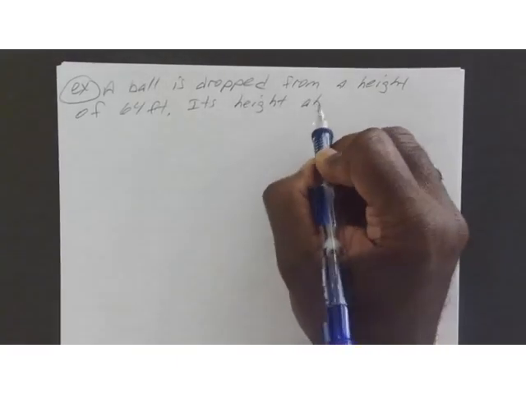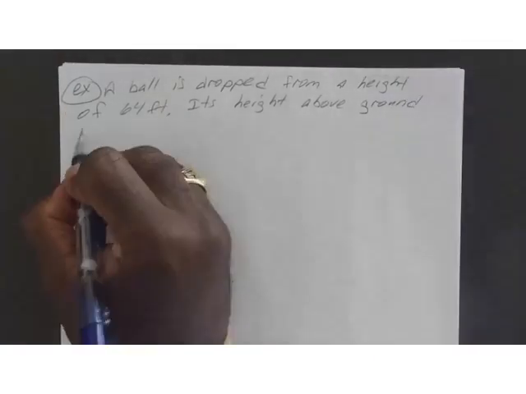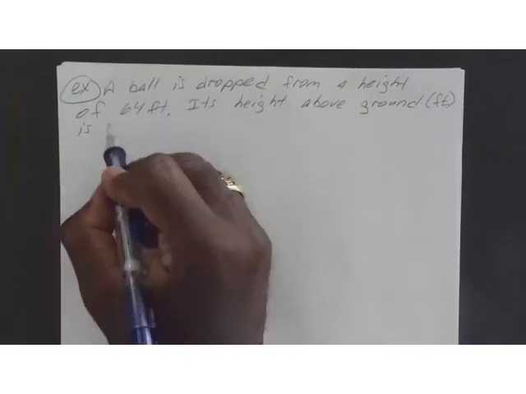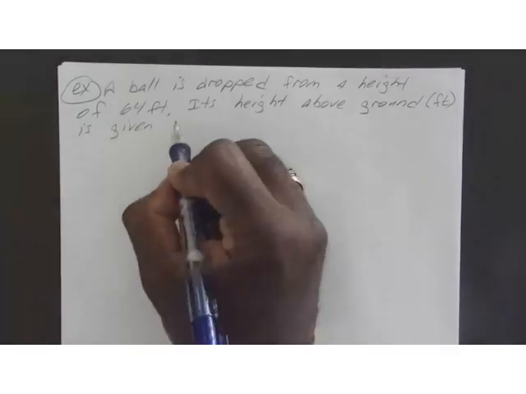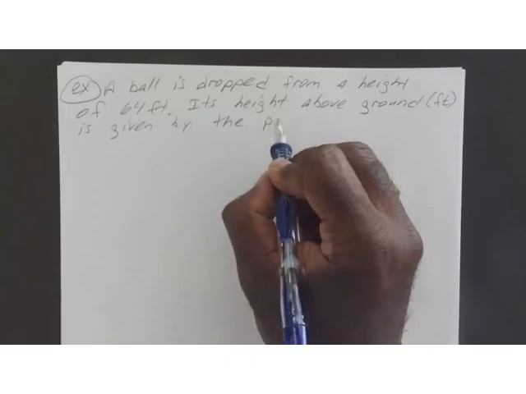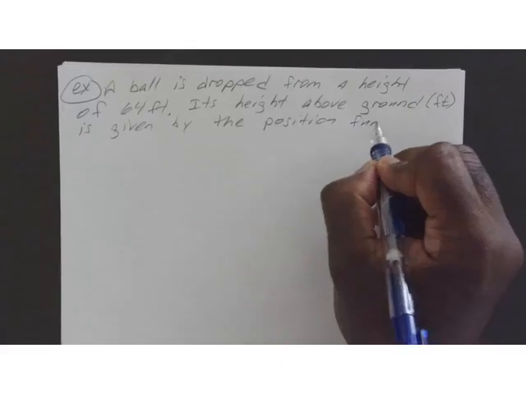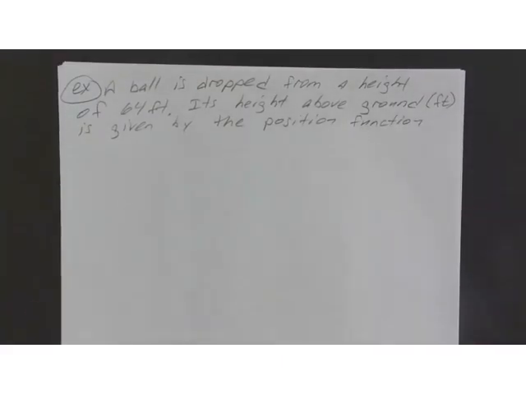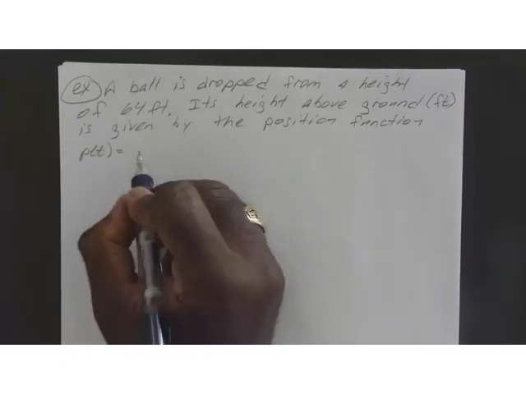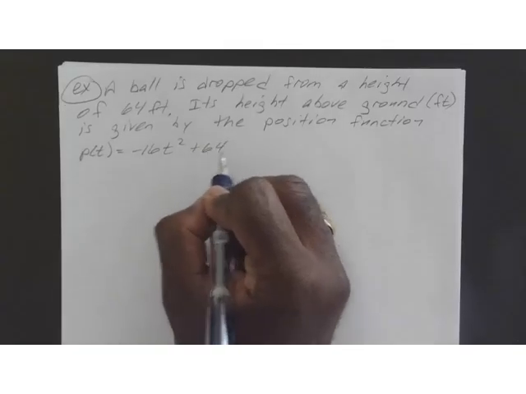Its height above ground, and that's in feet, is given by the position function P of t is equal to negative 16 t squared plus 64.